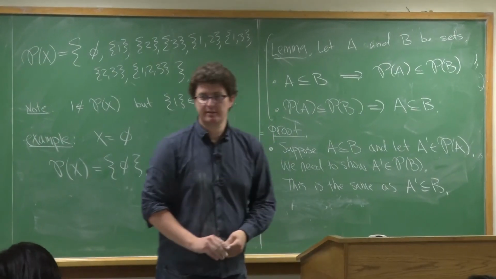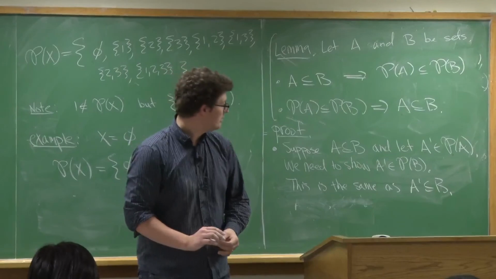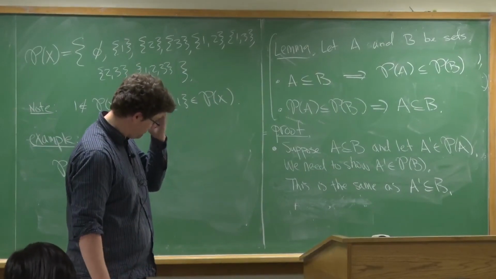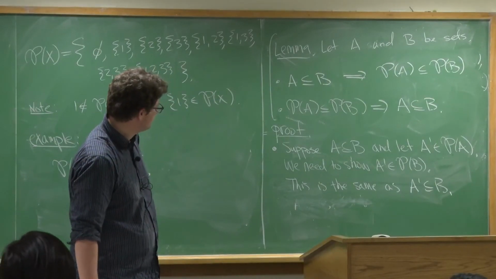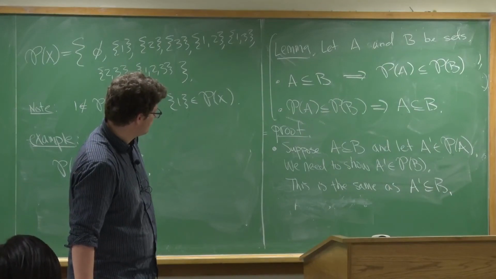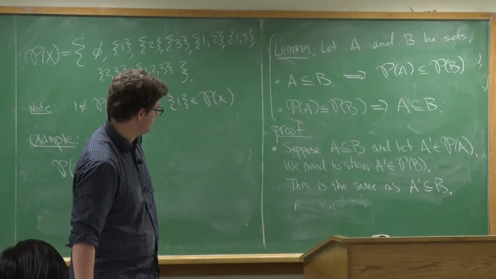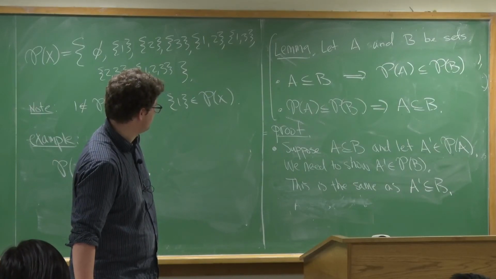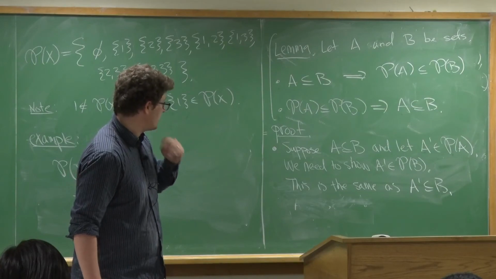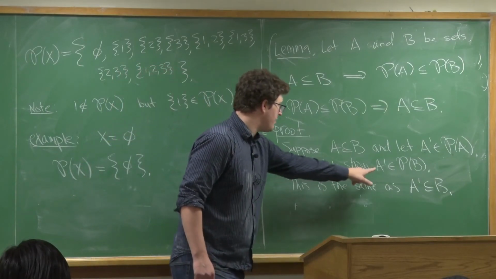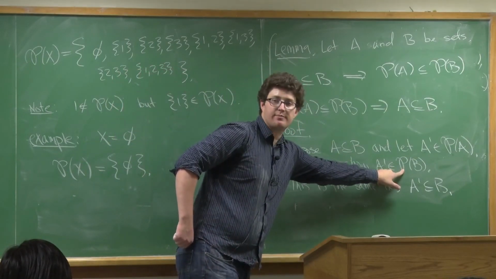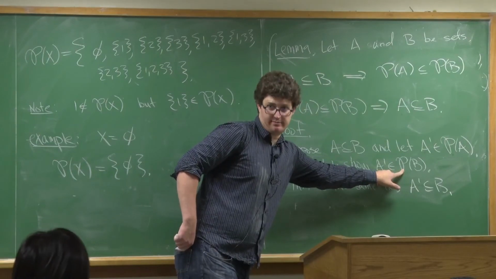Yeah. For the first bullet group, you say that A prime is a subset of B, right? And you also said A prime is included in P of A, which means all elements of, sorry, A prime is an element of this, which means it's a subset, right?